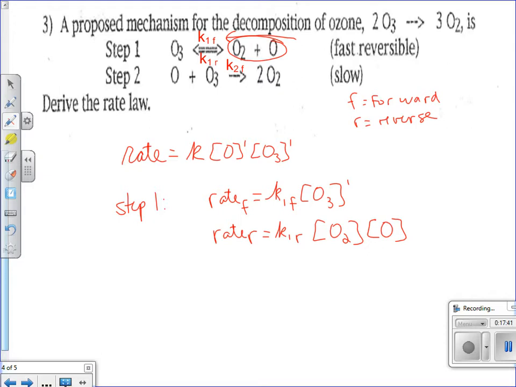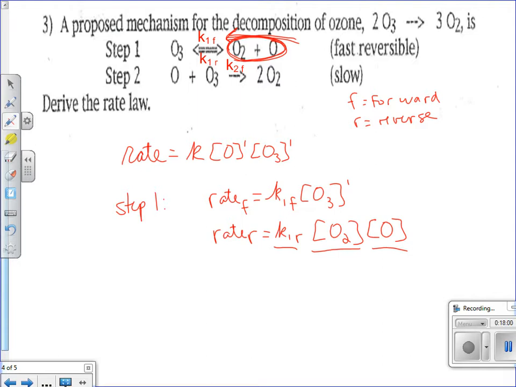And according to my mechanism rules, the rate of a reaction is K times the reactants raised to the power of their coefficients. So if I reverse the reaction, these two chemicals are reacting.